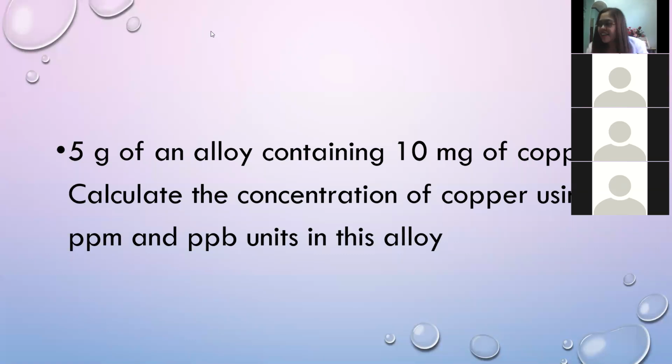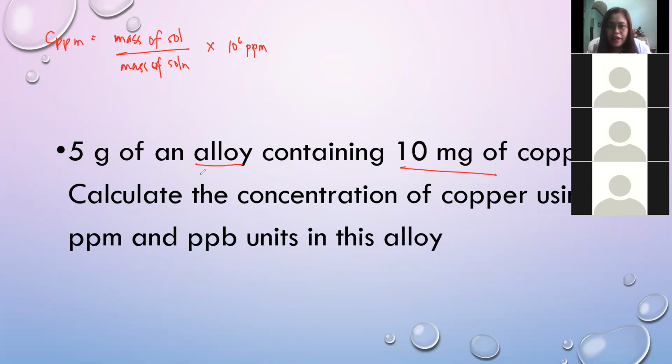It's reset. Okay, let's try computing the first one, ppm. For ppm, this is mass of solute divided by mass of solution times 10 raised to the power of 6. The solute is the copper. An alloy is a combination of metals, so one metal present in the alloy is the copper.